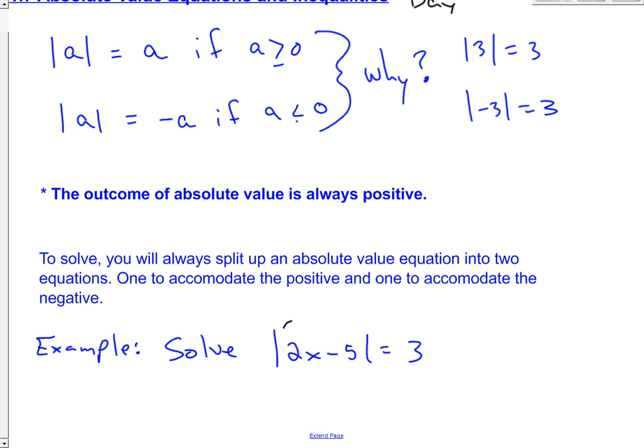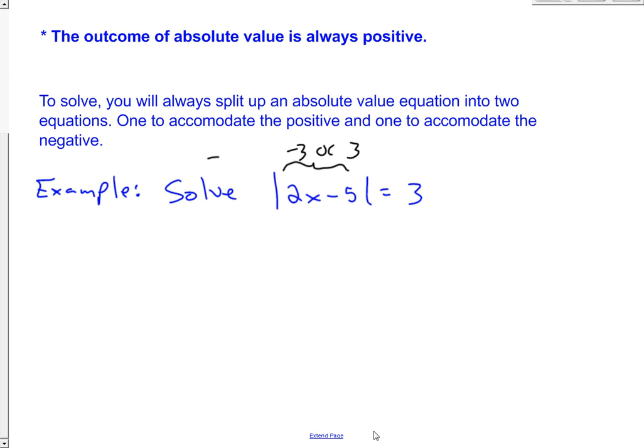Because inside of this absolute value, just like I showed up here with my absolute value of 3 equal to 3 or negative 3 is 3, I could have negative 3 or positive 3 inside the absolute value to have an outcome of 3. So what I want to do is account for either positive 3 or negative 3. So I'm going to have 2x minus 5 equals 3, or I'm going to have 2x minus 5 equals negative 3. And then I'm going to solve this.